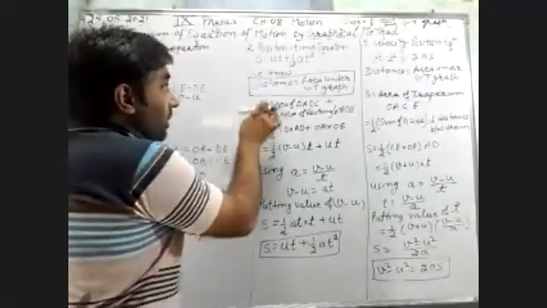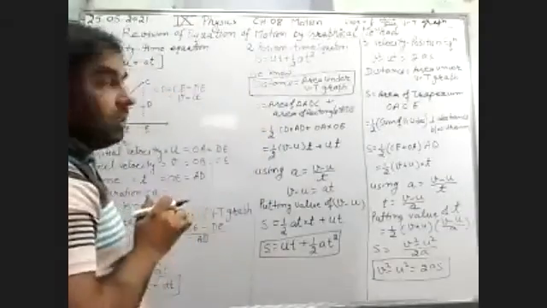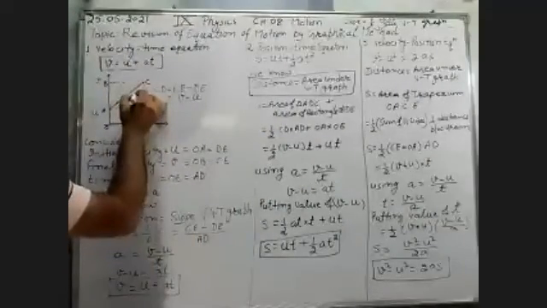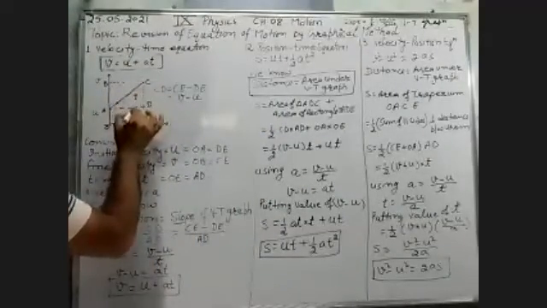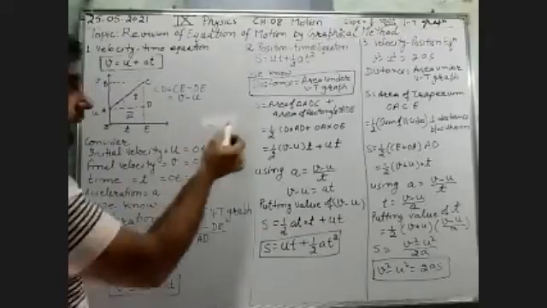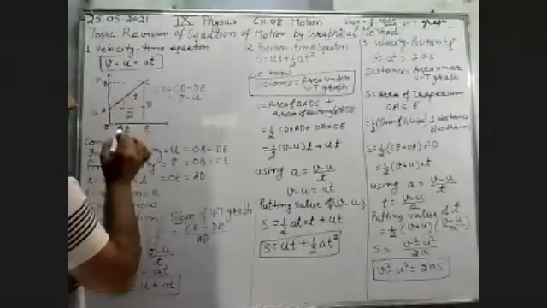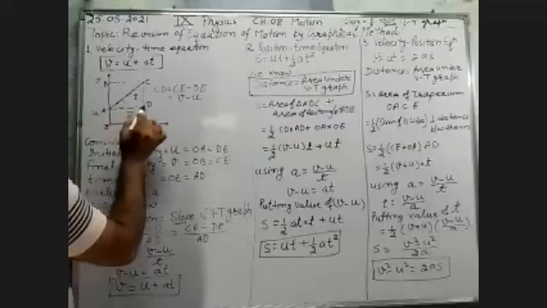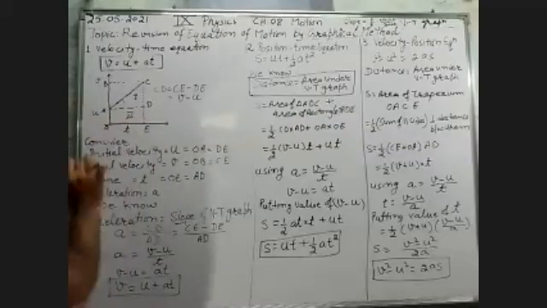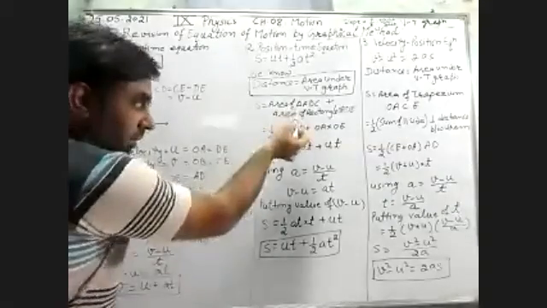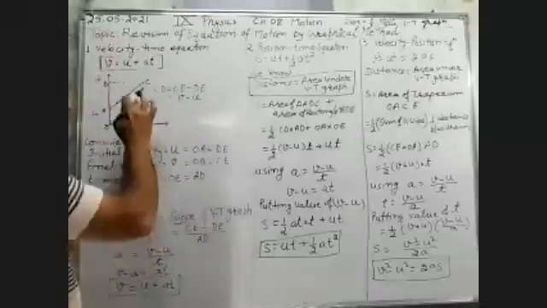But when we are deriving the second equation, we will use this triangle plus this rectangle. Okay, this is the trick. We are using the area of triangle ADC plus the area of rectangle OADE. This technique we will use.